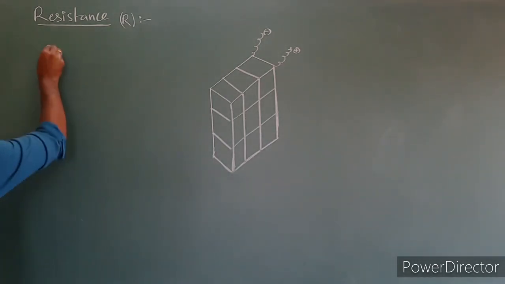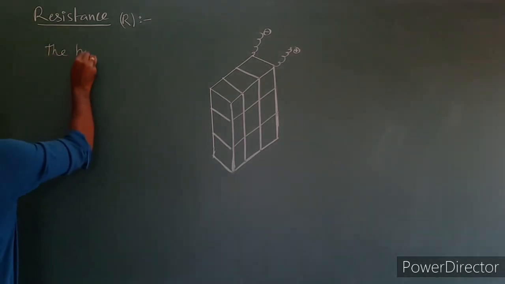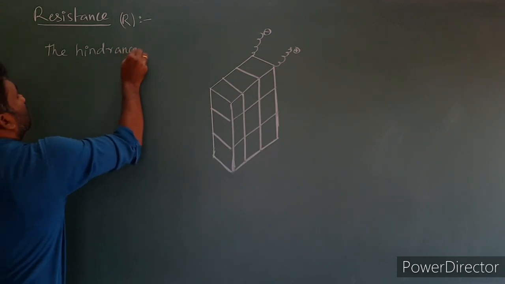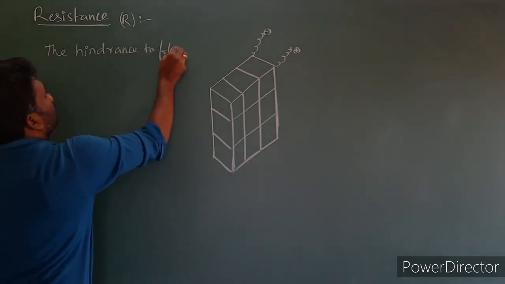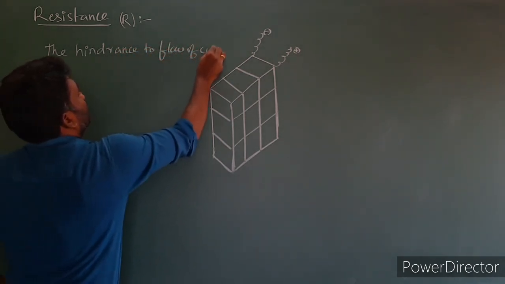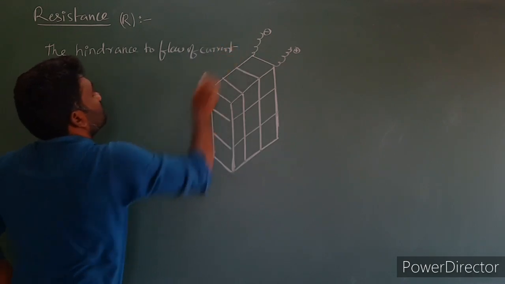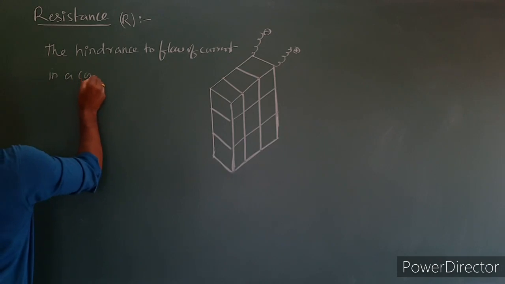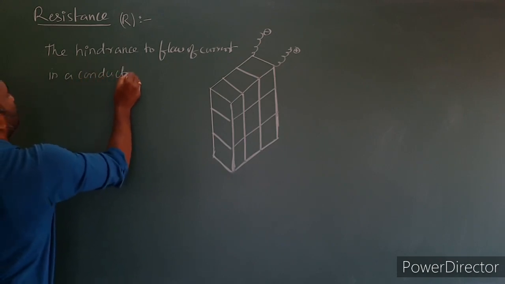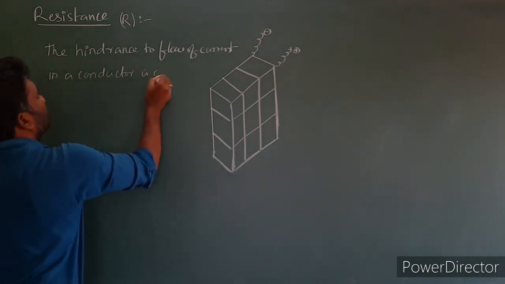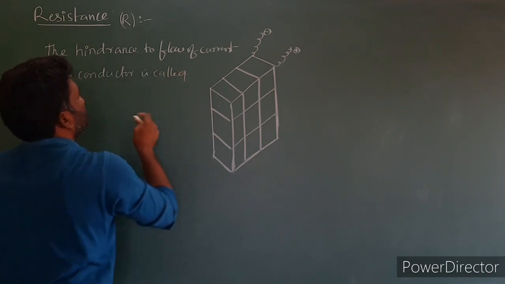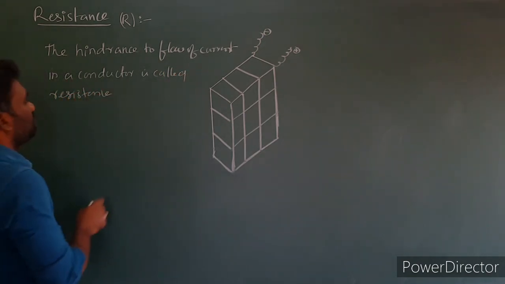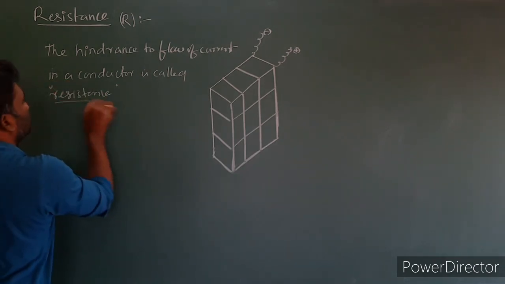Let us write the definition. The hindrance to flow of current in a conductor is called resistance.